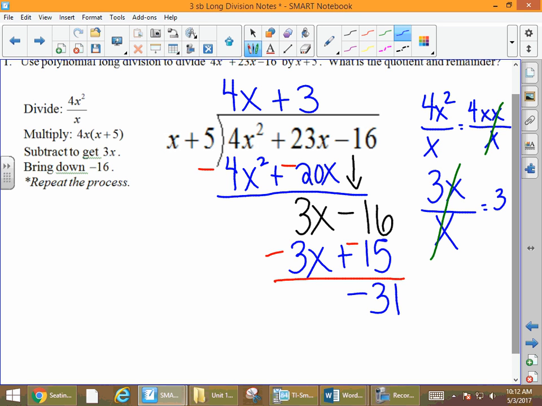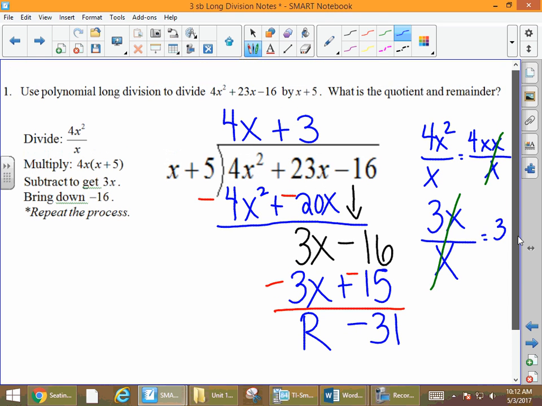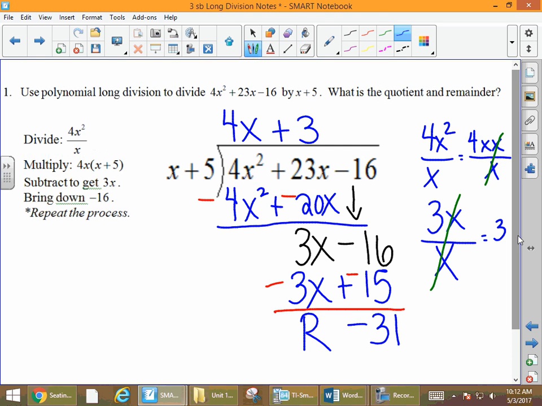That is our remainder, but we don't want to just write r there. We want to write the remainder in simplest fraction form. So this last part is going to be minus 31, and then our denominator is going to be x plus 5.